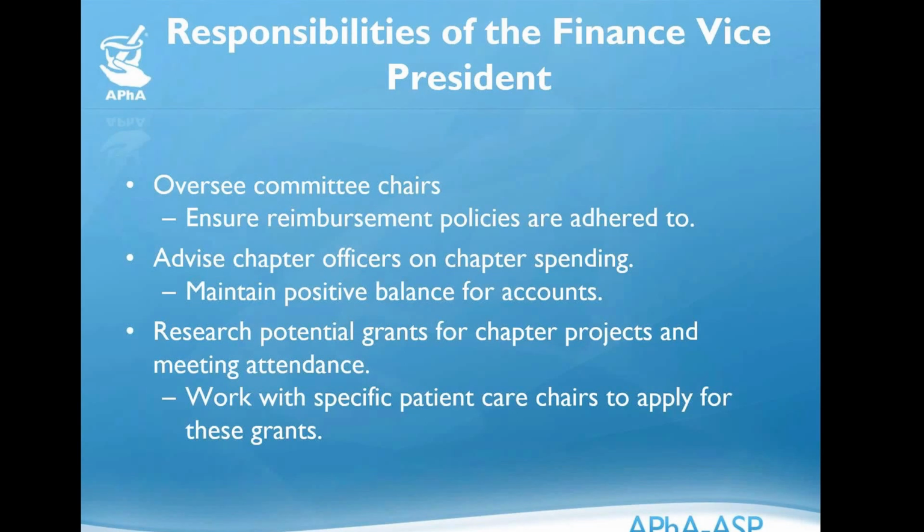And your chapter advisor can be a great resource for you if you do have any difficulties or complications or issues with your executive committee members regarding spending. So please utilize them as a resource. They can be absolutely vital to helping you to work out any of the issues that may occur. And hopefully none of you will have any issues throughout the year.